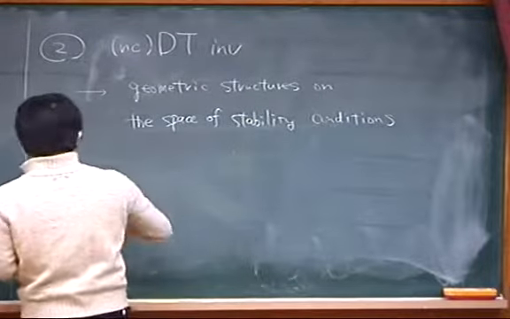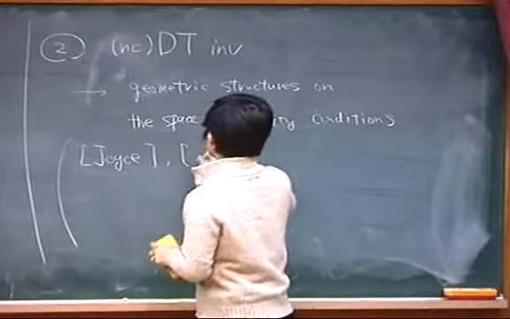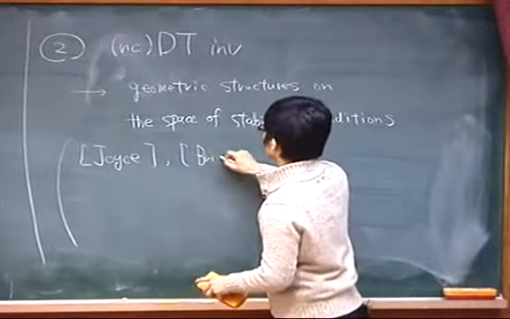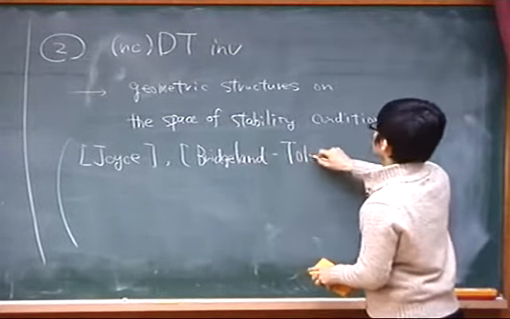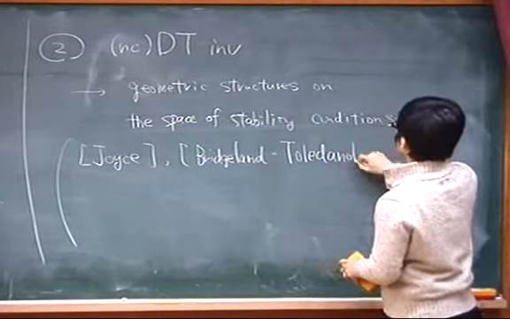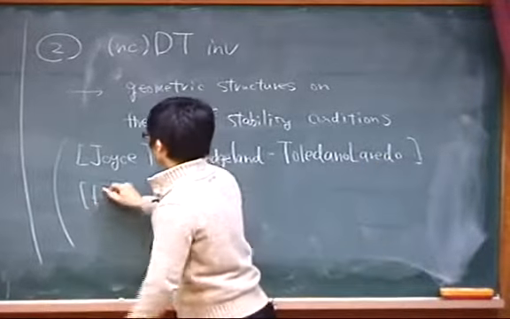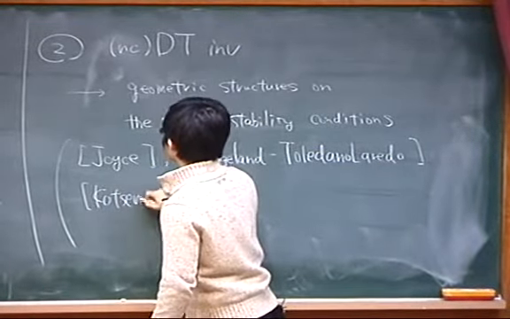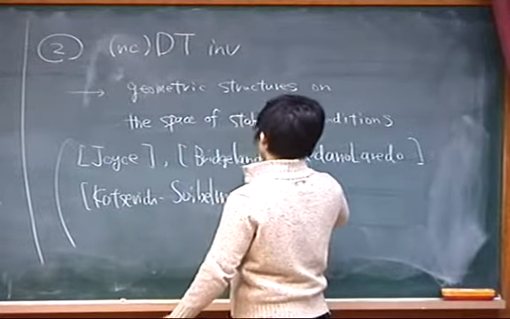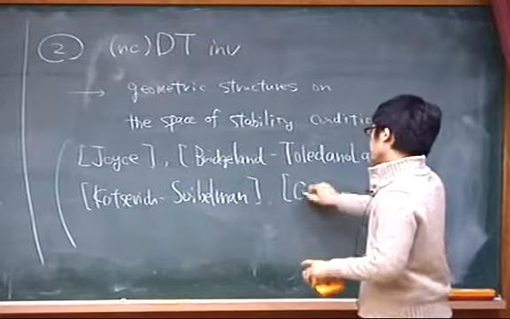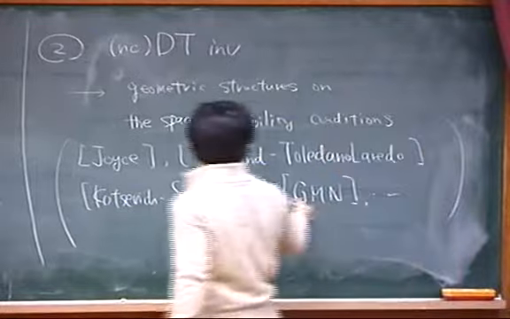There are several works given by Dominic Joyce, Bridgeland, Toledano, Kontsevich and Soibelman, and also Gaiotto, Moore, and Neitzke. I think tomorrow there will be a talk on this paper.